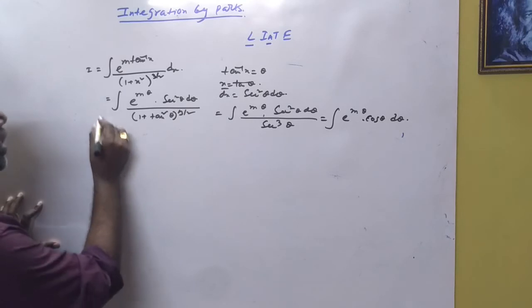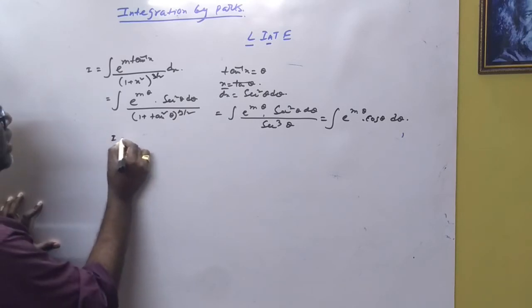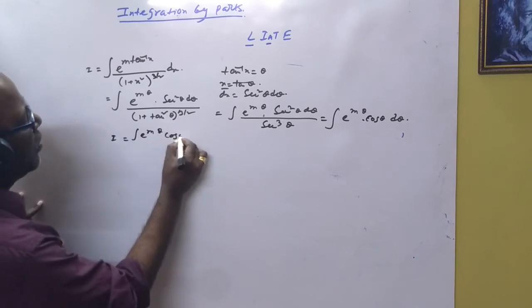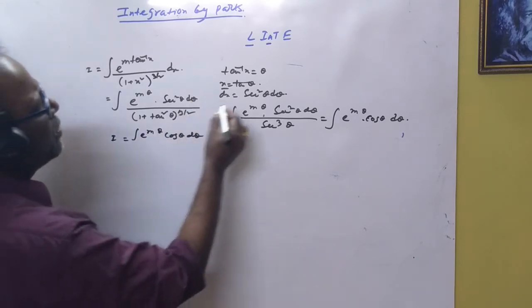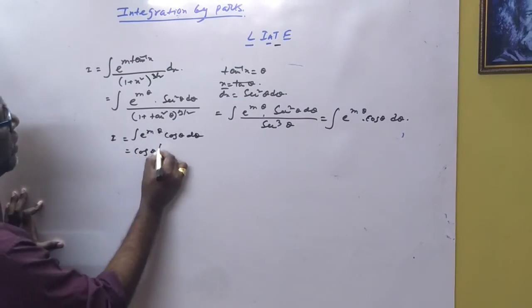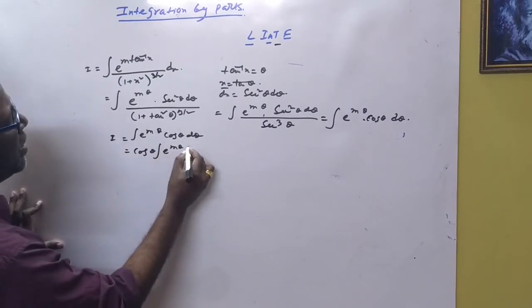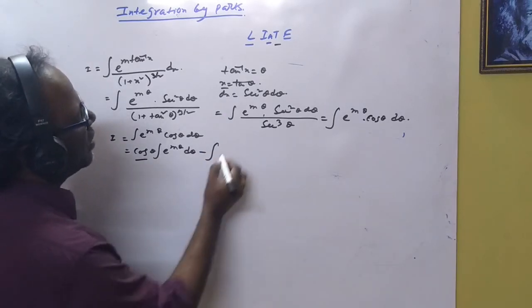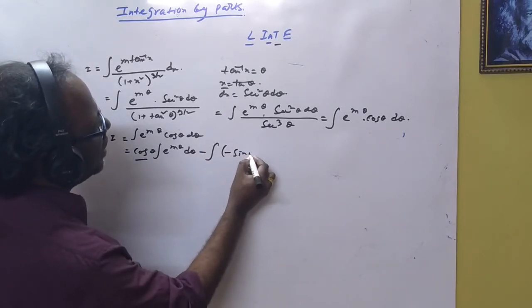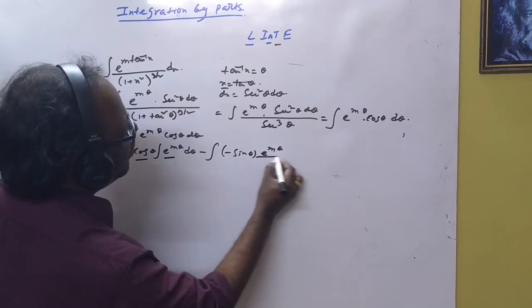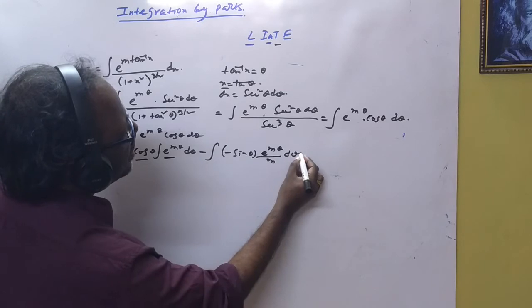So I is equal to e to the power m theta cos theta d theta, and you use the rules here: first of all trigonometric, so you can use cos theta as the first function, e to the power m theta d theta, and differentiation of that is minus sin theta, and integration of that function e to the power m theta is e to the power m theta by m d theta.